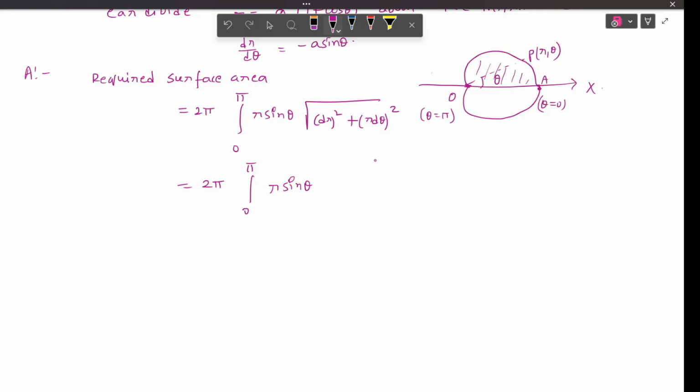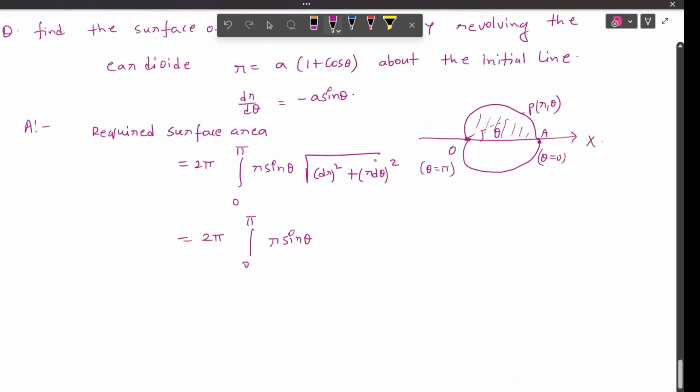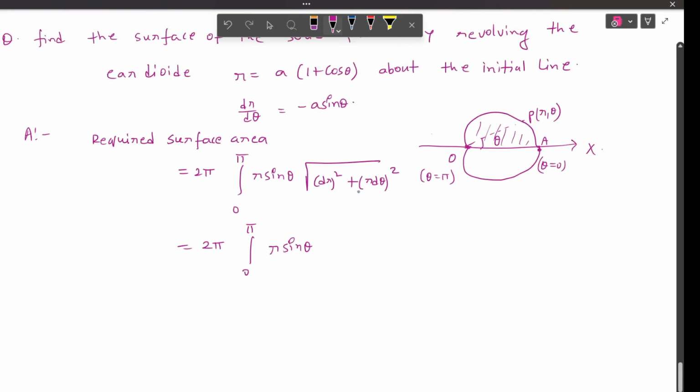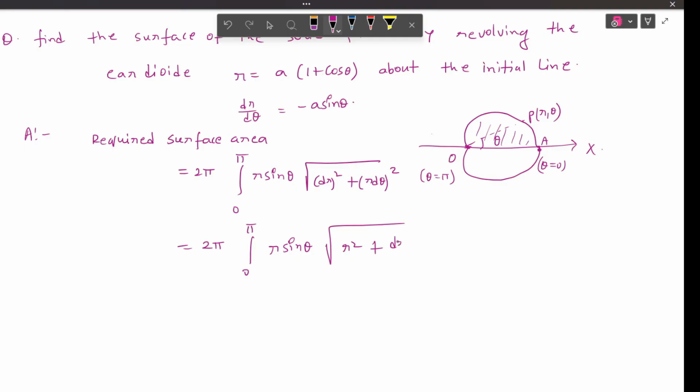If we take d theta common from this, it will be square root of r square plus dr by d theta square, and d theta square will come outside, it will be d theta.